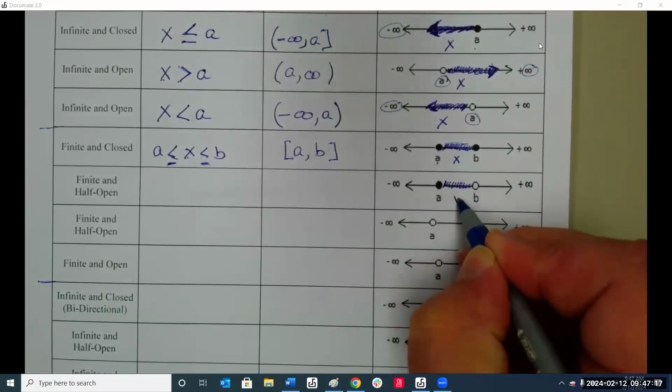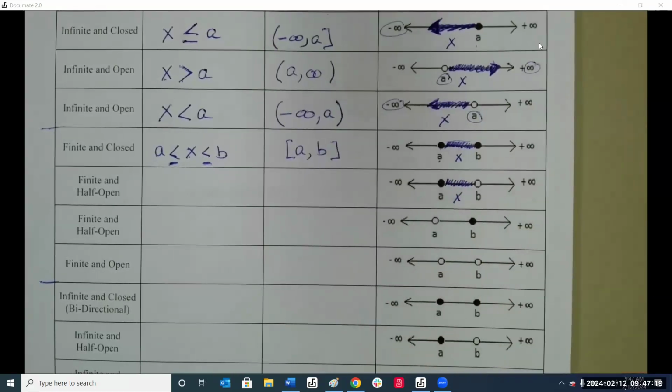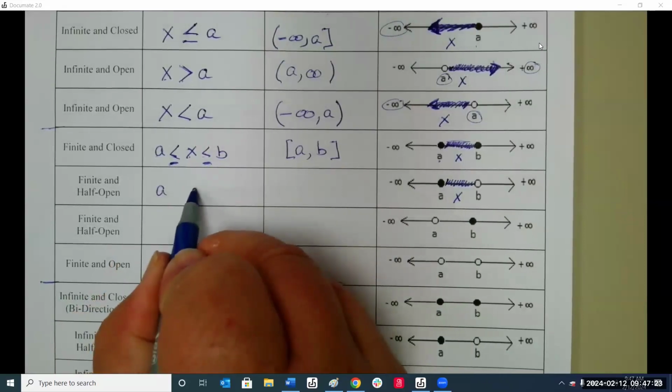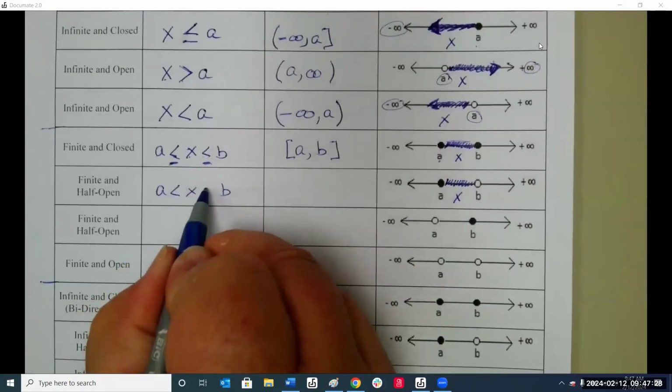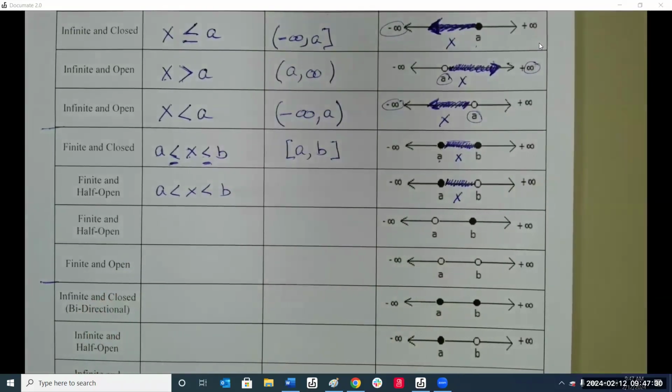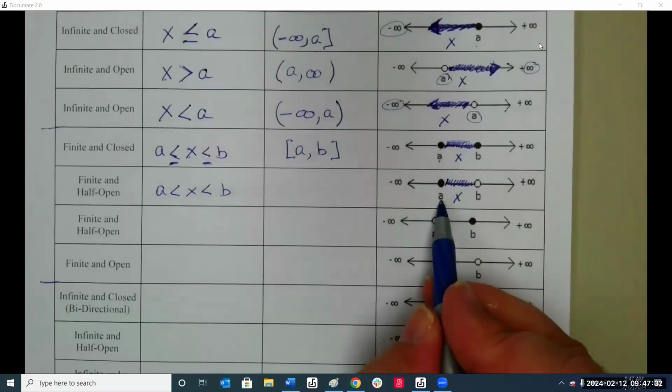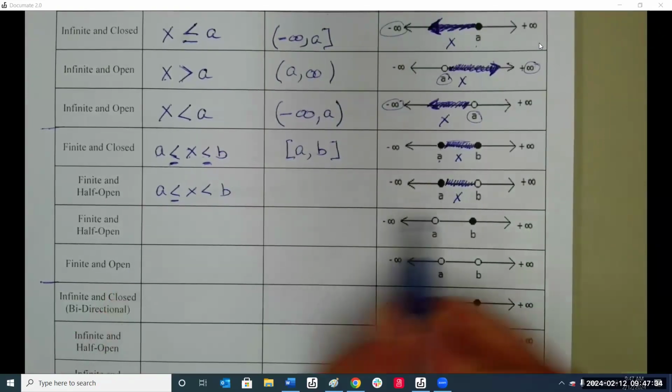And the next one, x is between a and b. So I have a, x, and b. And so is a included? Yes, so it's equals. Is b included?